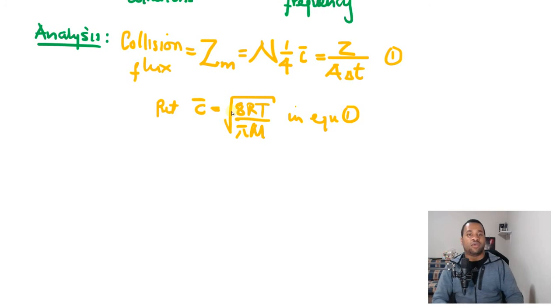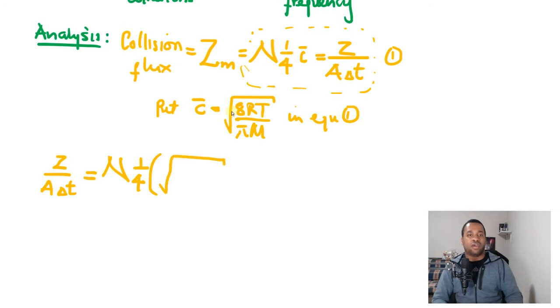Therefore, we have Z over area multiplied by the time interval equal to the number density times 1/4, all multiplied by the square root of 8RT over pi times the molecular weight. We assign this to be equation 2.